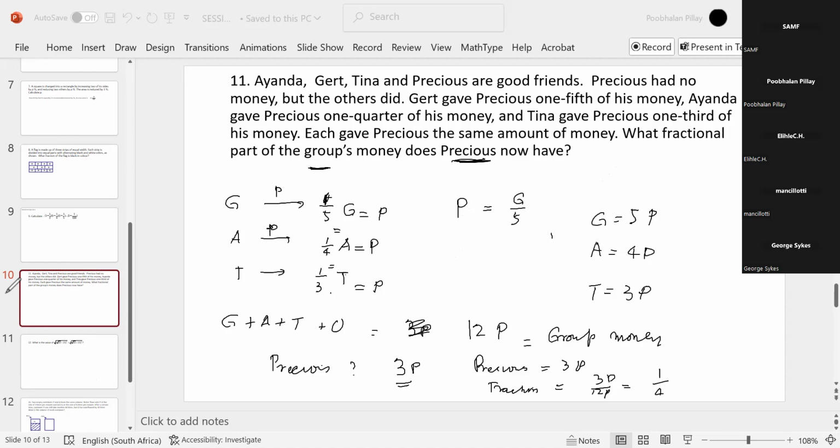And then we should have said that the goal is to work out what fraction, you needed to know what the group's money is totally, and you need to know what Precious's money is totally. So that is the goal.